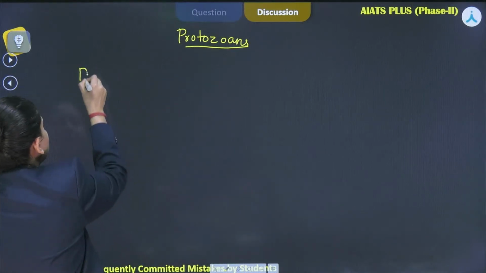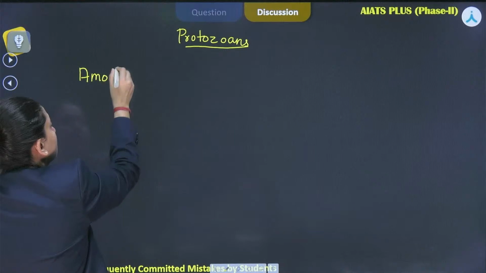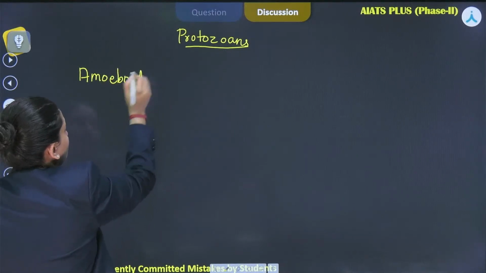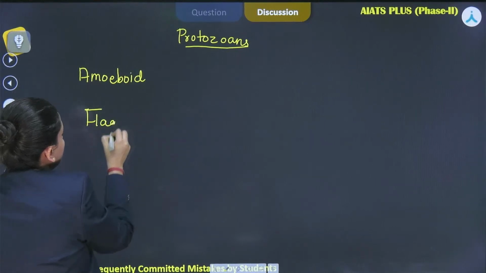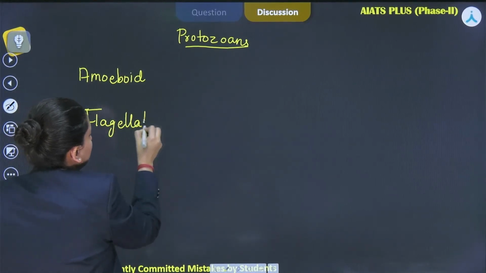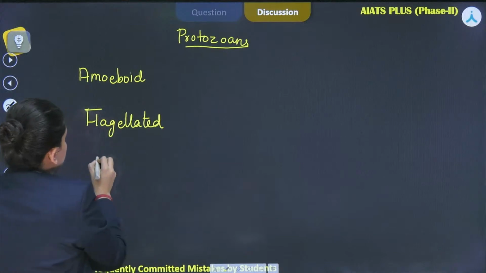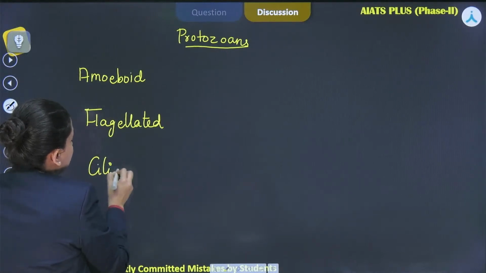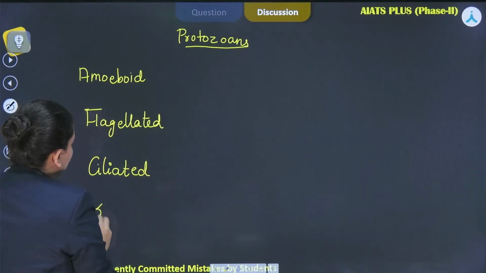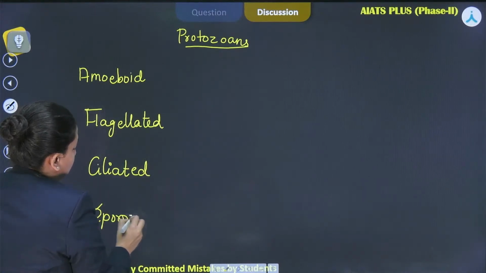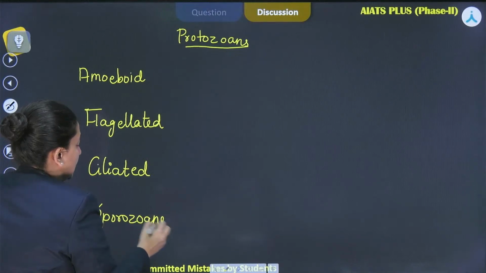So we can have amoeboid protozoans, we can have flagellated protozoans, we can have ciliated protozoans, and we can have sporozoans, right?